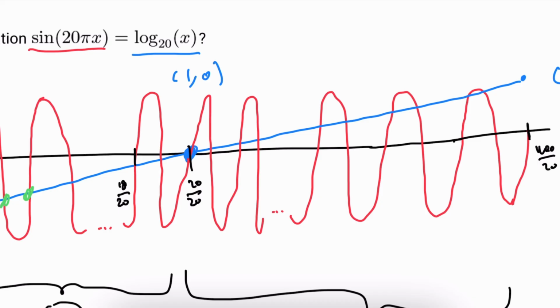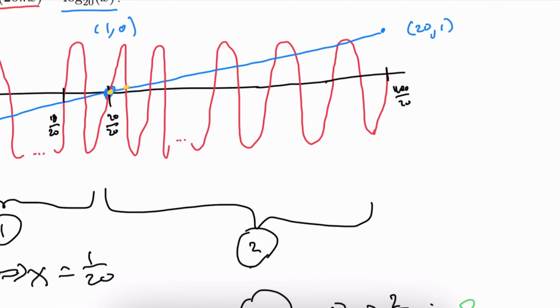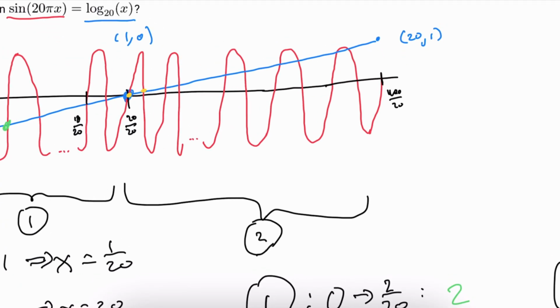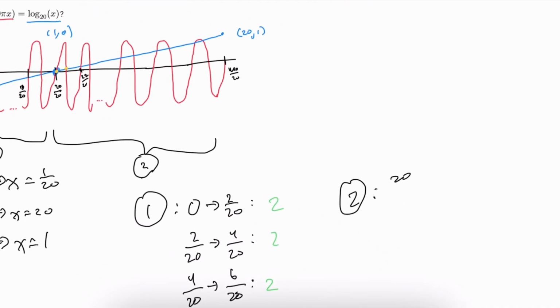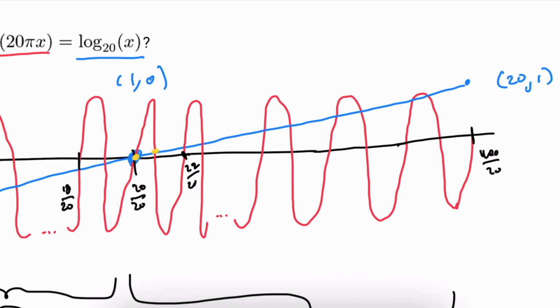Let's make these intersection points yellow. So this first period here will end at 22 over 20. So from 20 over 20 to 22 over 20, we'll have two intersection points.